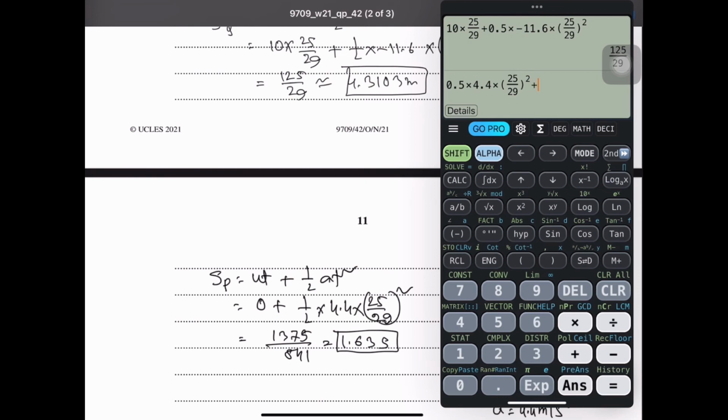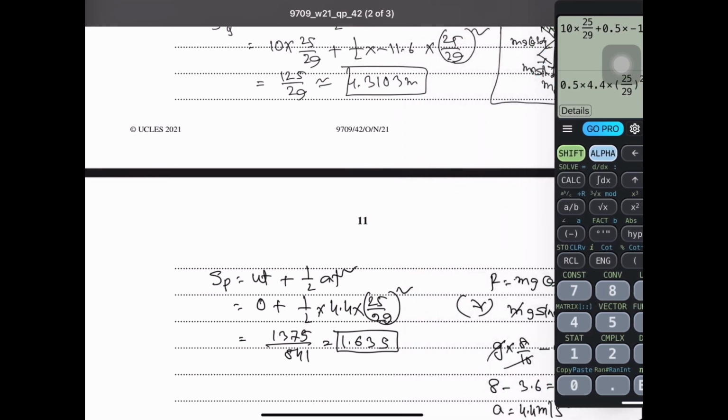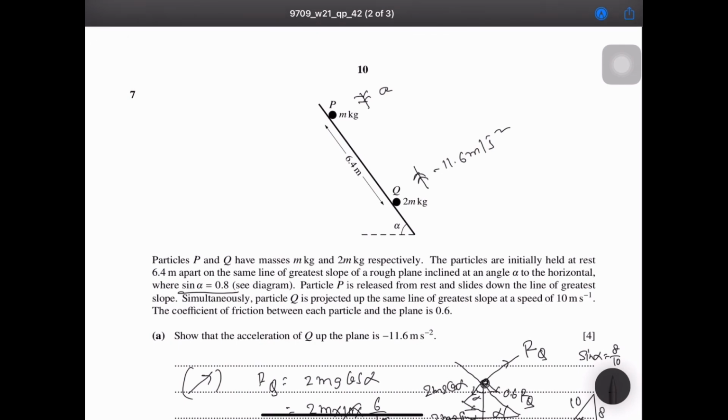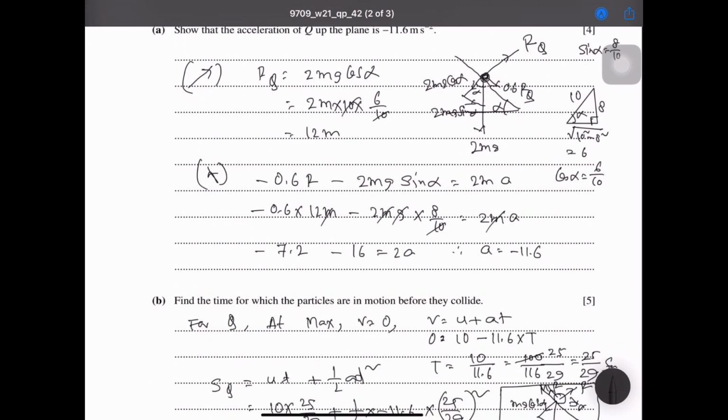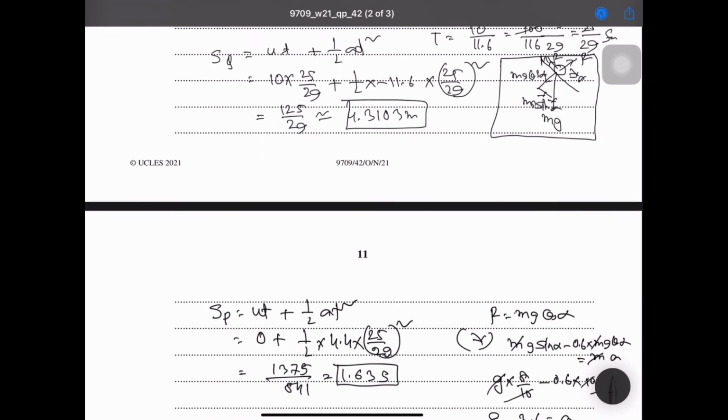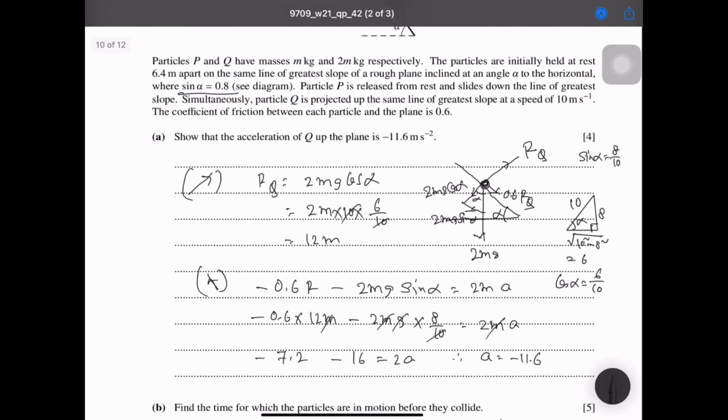And if we add these two distances, 4.3103 with this one, its total traveling distance is becoming now 5.945. That means when Q is going upward 4.310 meter, that time P is going down up to 1.635 meter.